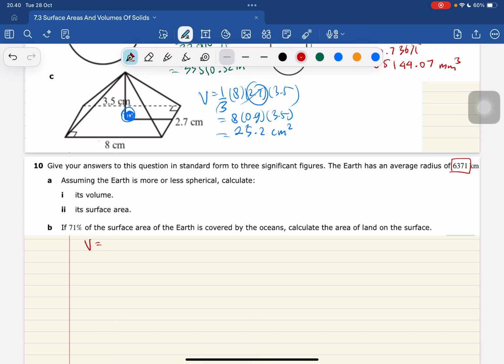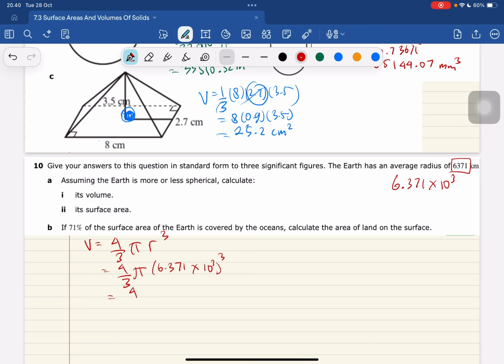If this is a sphere, so 4 over 3 pi r cubed. So let us make r 6.371 times 10 to the power of 3. So this is 4 over 3 pi, then r is 6.371 times 10 to the power of 3, and we cube it.